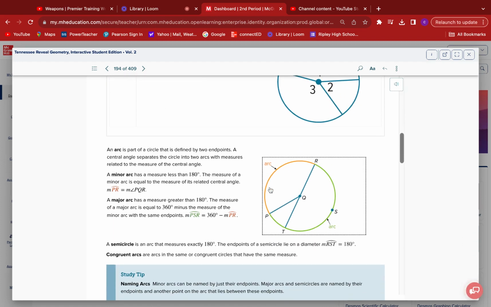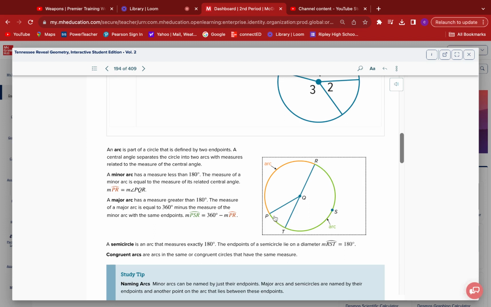An arc is a part of a circle that is defined by two endpoints. This orange arc from P to R is a minor arc because its measure is less than half the circle. I see they marked the other one green. This is arc PTR.